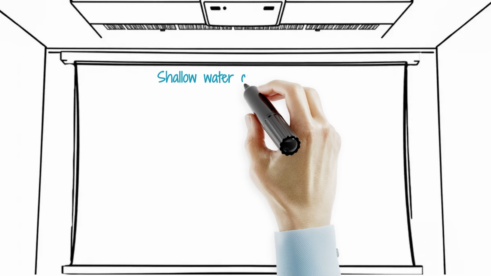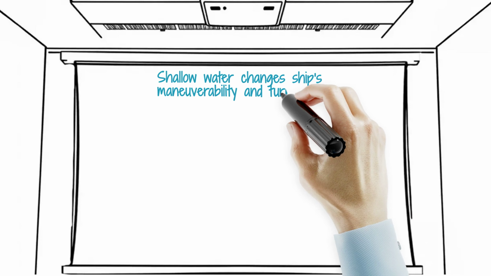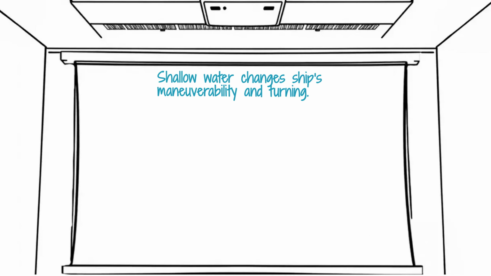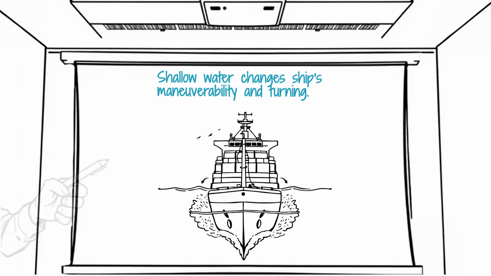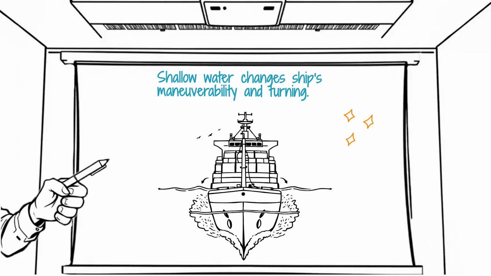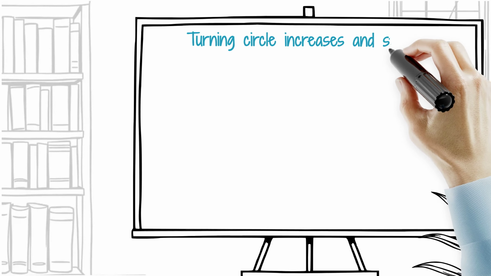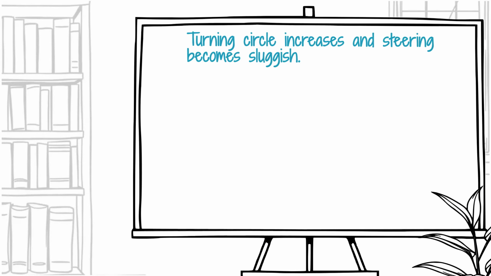Third is the impact on maneuverability. Shallow water fundamentally changes a ship's handling. When a vessel turns, it needs space for the water flow to generate the turning forces. This flow is stifled in shallow water, making the rudder less effective. Consequently, the turning circle diameter increases, and the ship becomes sluggish to respond to steering inputs.